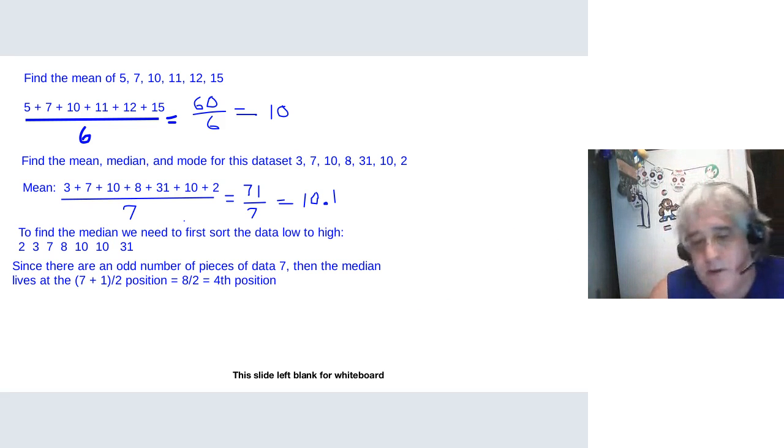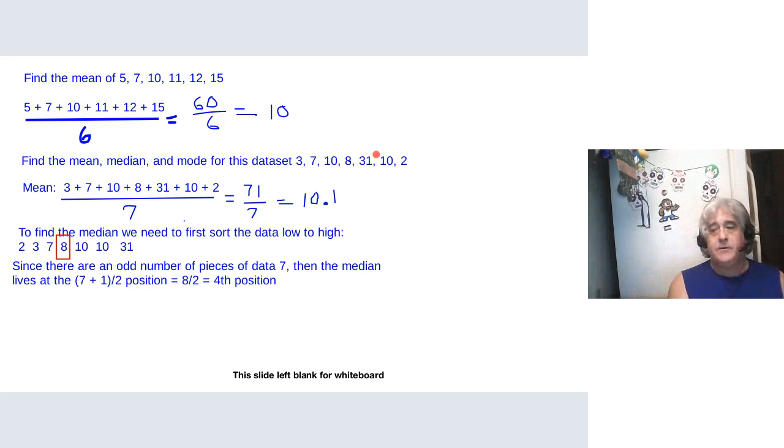But what I'm saying is that 1, 2, 3, 4, because hopefully you can see that that piece of data is in the middle. When I say middle, I mean physically, that there are 3 on either side.